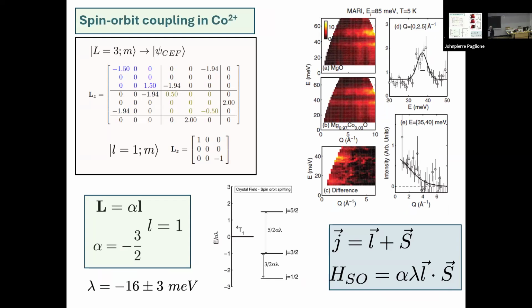You're just wrong by a constant isotropic factor. In the case of cobalt, it's -3/2. You can actually solve this in MATLAB pretty easily, but anyway, these are also tabulated. I think you can get them from group theory. But anyway, let's look at the case of cobalt 2+. That's 7 d electrons. We're way down in the weak crystalline electric field limit.